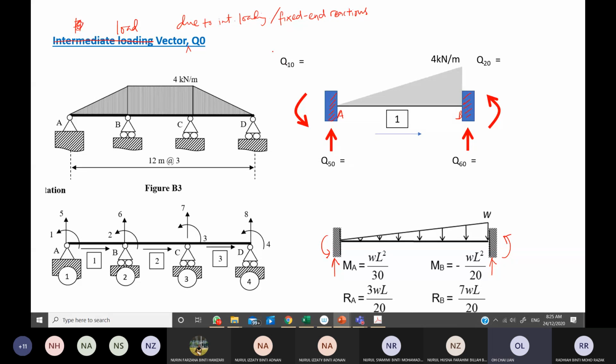Then you name this Q node. The Q node position for element 1 will follow this one. Are you okay, class?